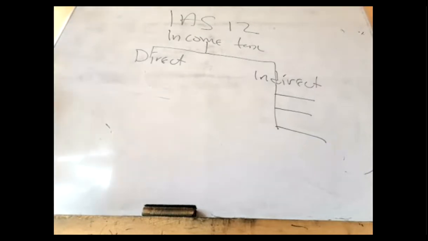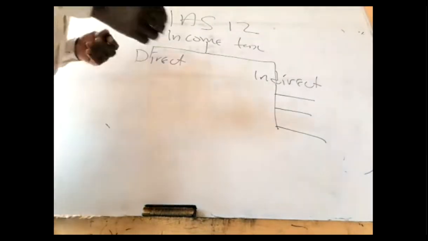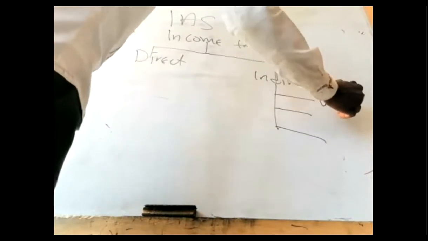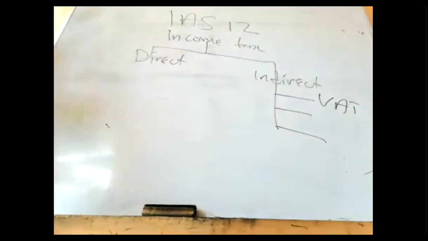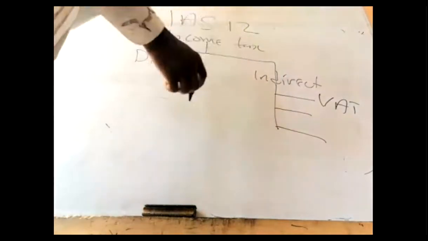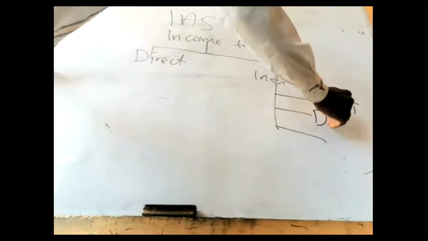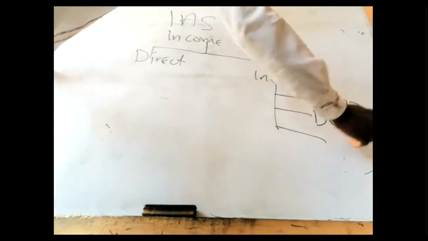Consumption tax examples include the VAT, the GET fund, and then the NHIS. All of these are indirect tax. Then we can talk about the duties. There are three.